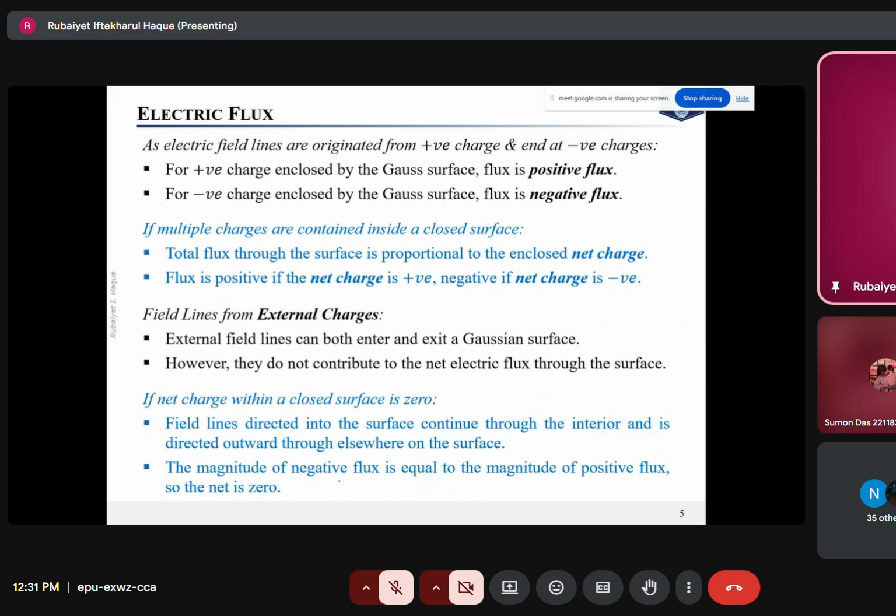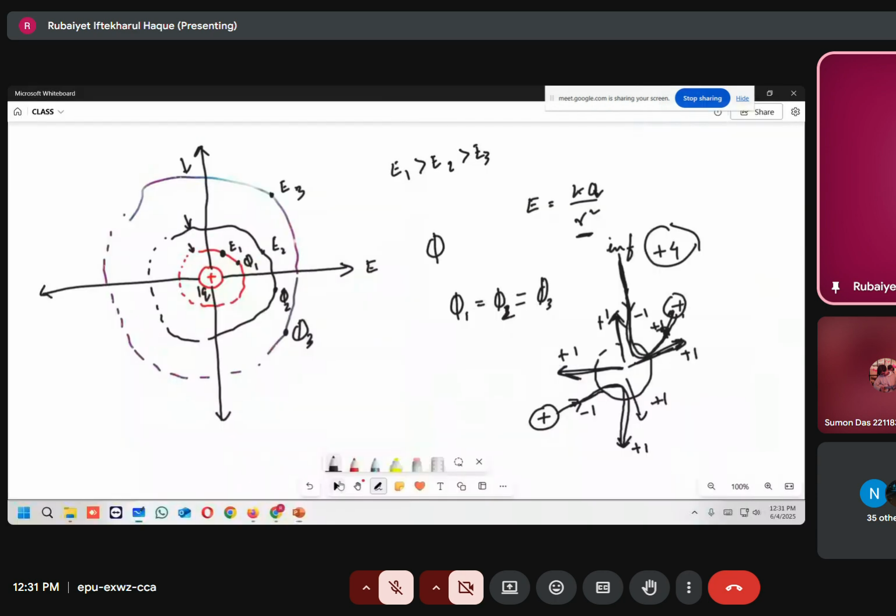So the external lines enter from one side and leave from the other, so they are never considered in the net calculation. If the net charge enclosed by this Gauss surface is zero, theoretically it will not produce any electric field line because there is no net charge inside, but externally there are charges. So what is happening to them? The external electric field lines coming in and going out cancel each other.